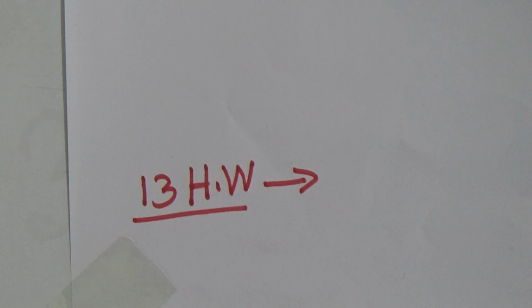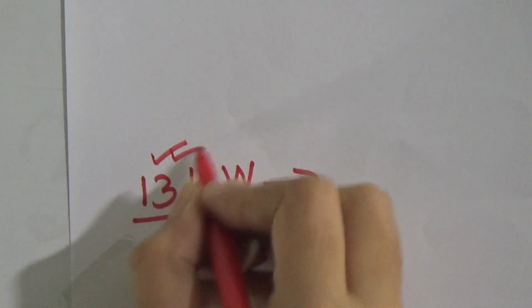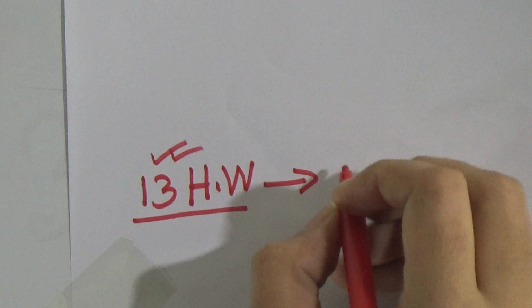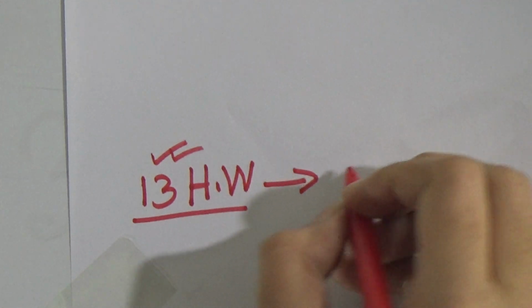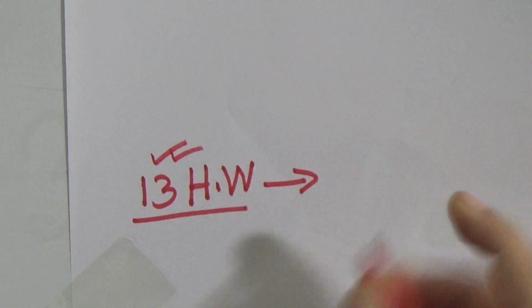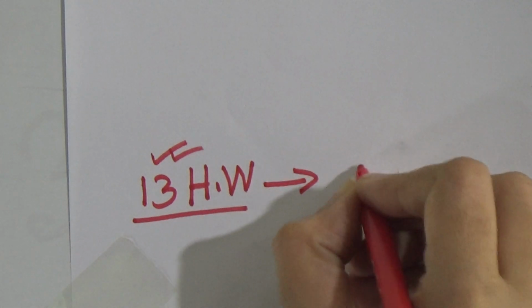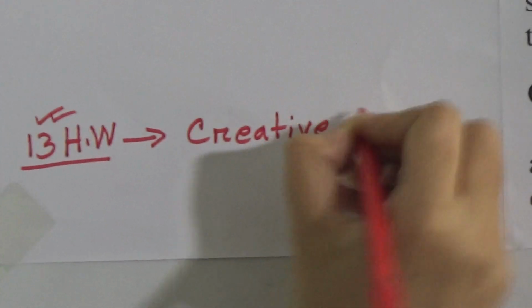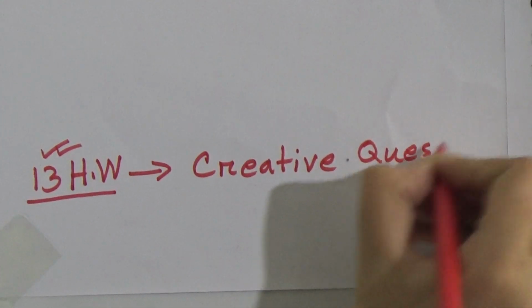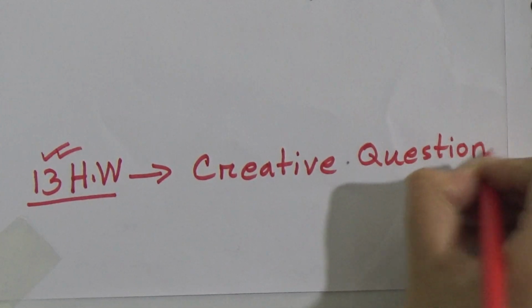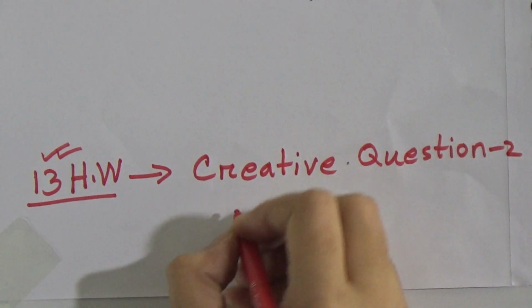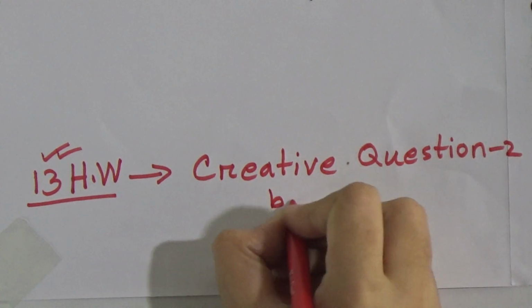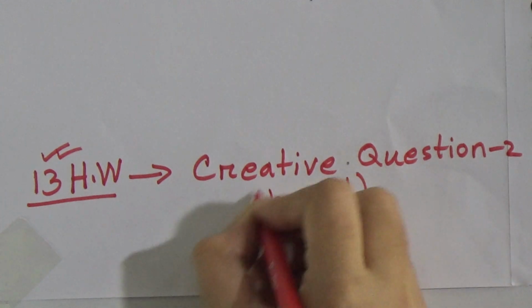When you do your SW, please write down your SW number and submission date at the top of your SW copy, and your today's SW is creative question 2, and your sub-questions will be B, C and D.